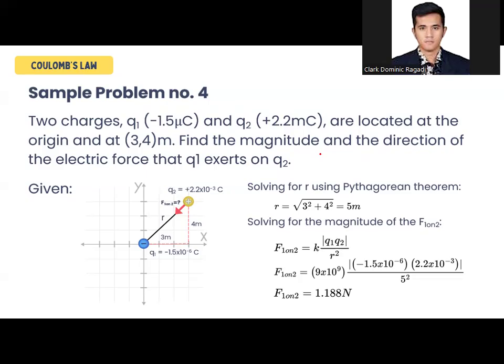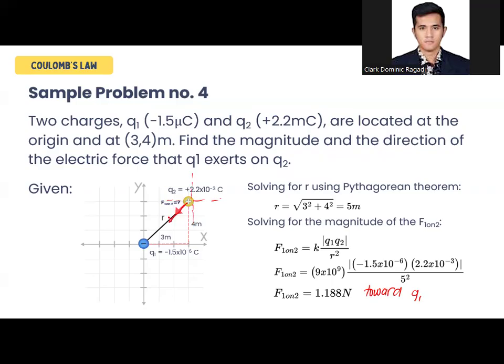So the direction is, we can actually write, toward Q1. But to specify, we can actually calculate the angle. If you draw an imaginary axis here, we can say that our force is directed towards the third quadrant.